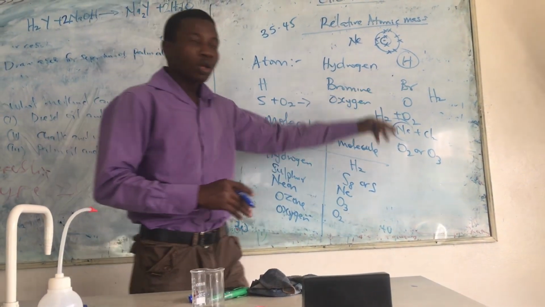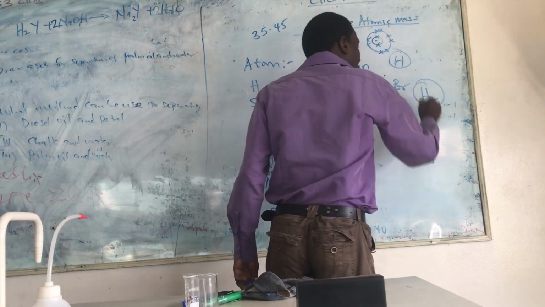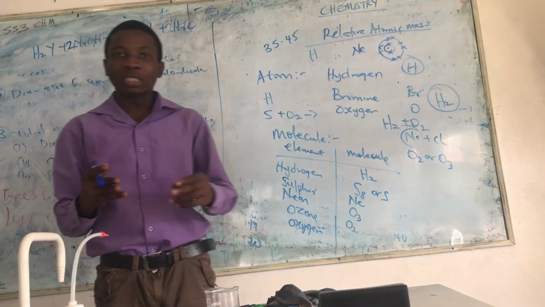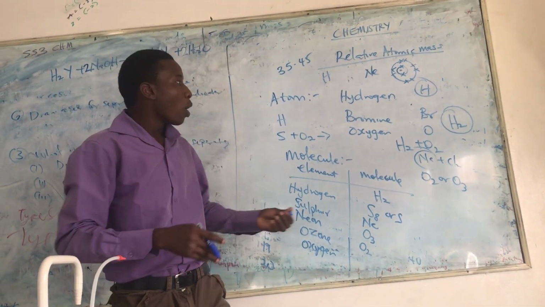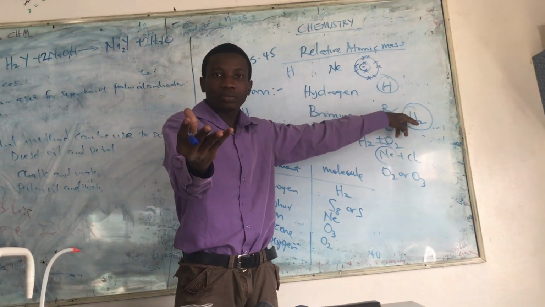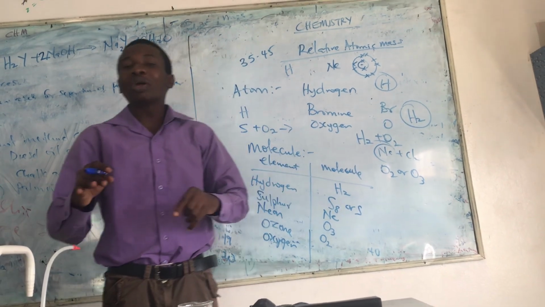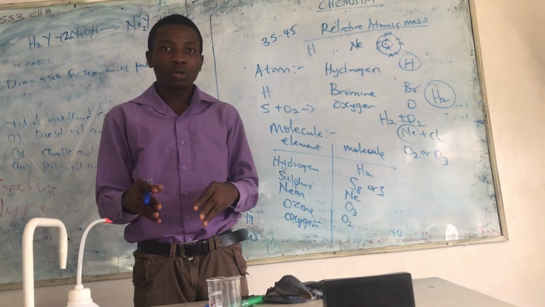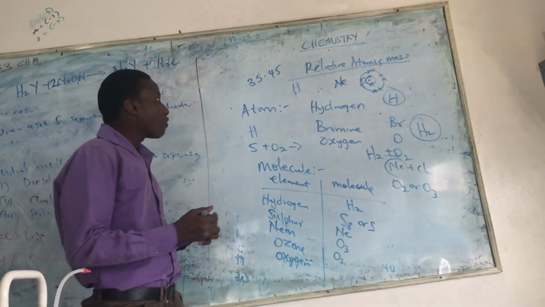This is a molecule. That is a gas, H2. But this ordinary H might not be able to exist alone. But when we have H2, it's a gas. So it's a substance. So anywhere you can write a substance is a molecule. Now, we have what we call atomicity.